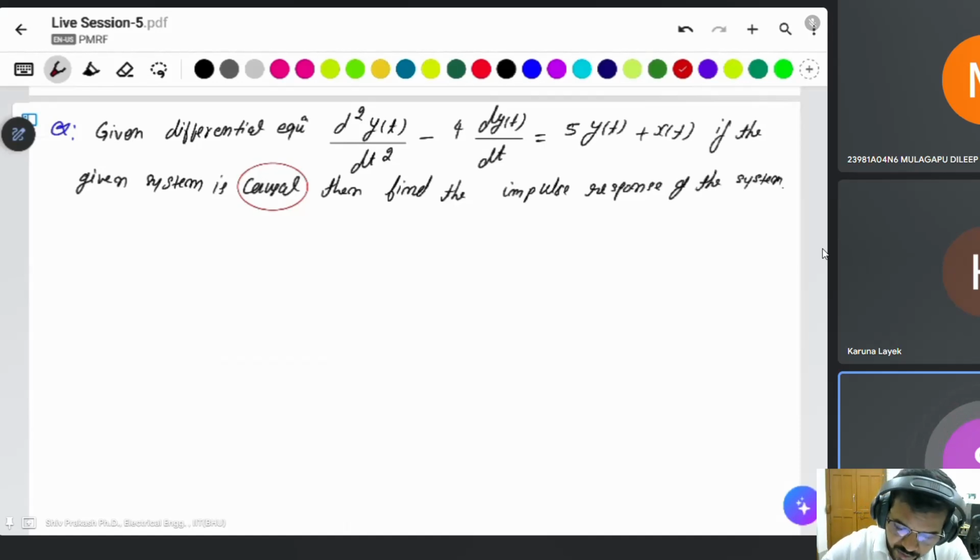This is the output only, the system is not mentioned. It means given this causal only, then no worry about this, but ROC is given for this one.